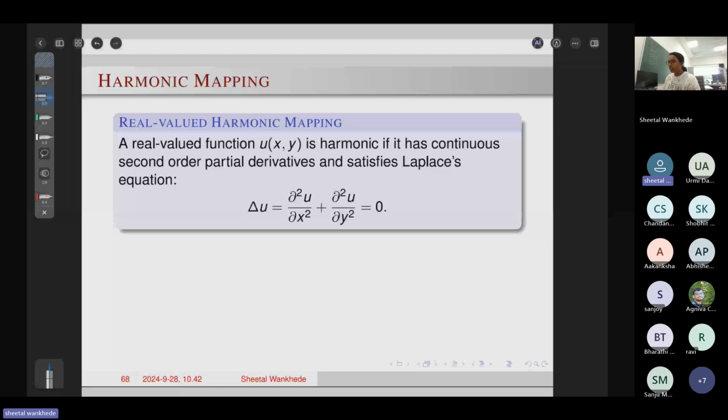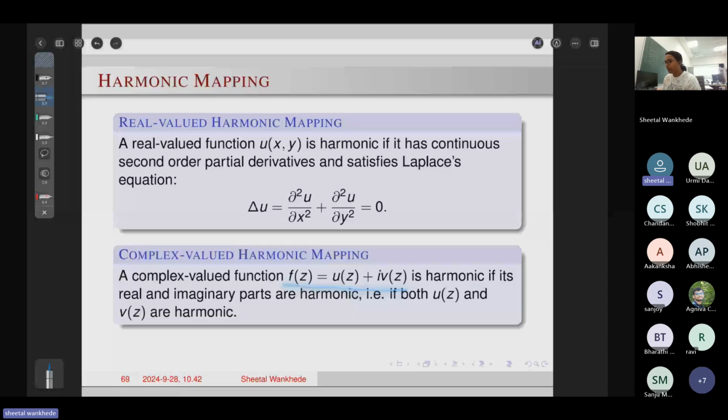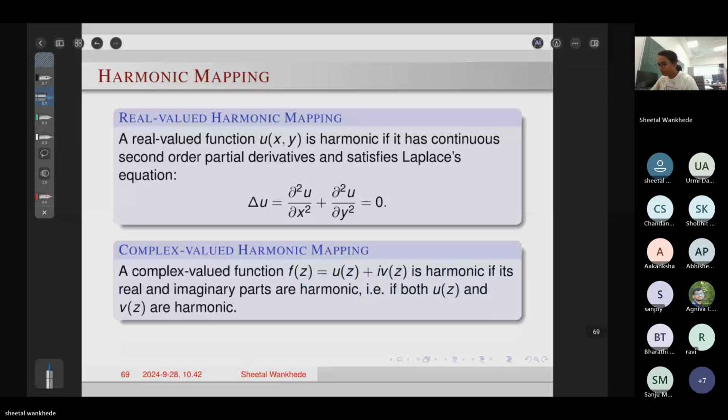Now, what is a complex valued harmonic mapping? We have a complex valued function f of z equal to u of z plus i v of z, and we say this is harmonic if its real and imaginary parts are harmonic. So we know u and v are real valued functions, and when they satisfy the Laplace equation, we can say f is a complex valued harmonic mapping.